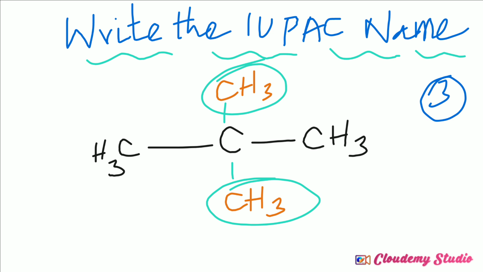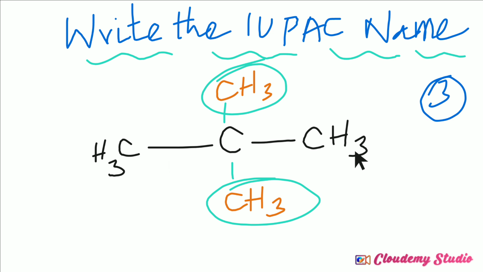Now, we have selected the horizontal chain as the main chain, and this chain has 2 ends. The left hand side is one end, and the right hand side is another end. That is, we can number from the left hand side to the right hand side, or from the right hand side to the left hand side.